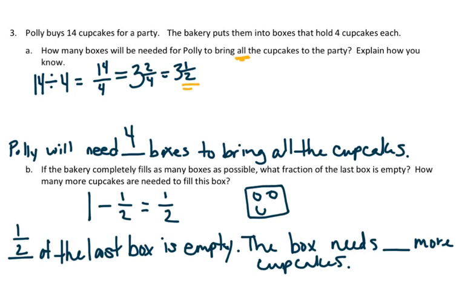And here's the spaces for the 4 cupcakes. And I know that we filled half of that. So that's filled half there. I can just tell by my drawing that I filled 2 of the spots. So that means that the box needs 2 more cupcakes to be full. So that would be the answer here. The box needs 2 more cupcakes.